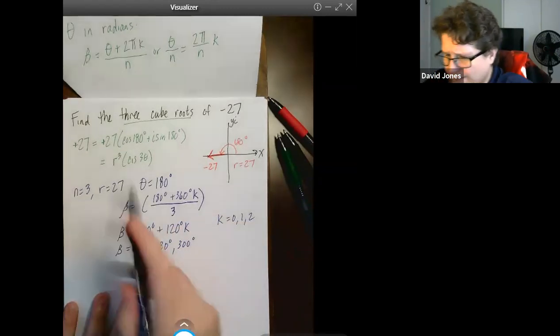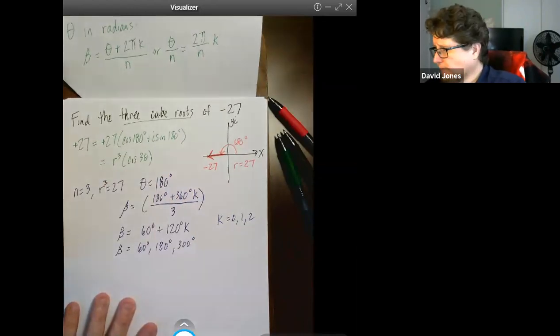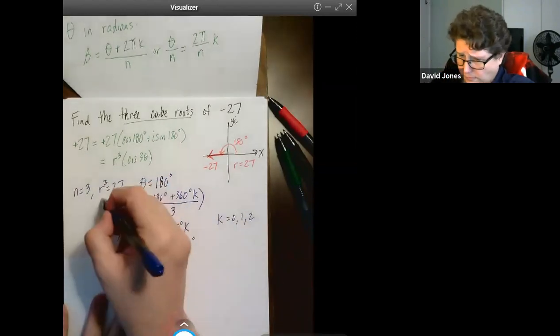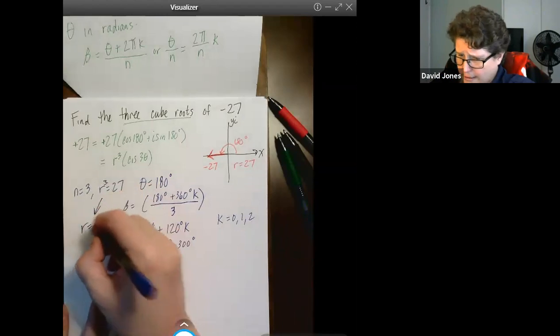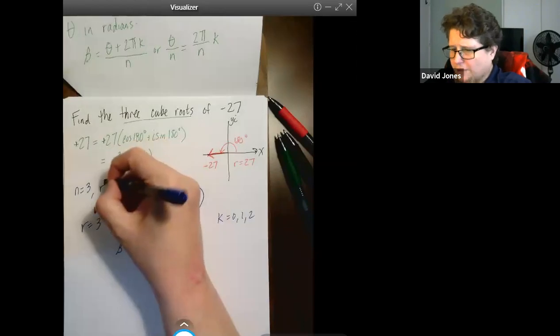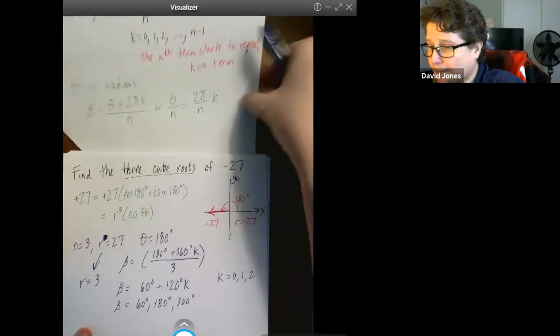R is not 27, R cubed is 27, right? So R is 3. Yeah, R was 27. The form I had it written to match up with the formula I have, R is 27 and it matches up with that.